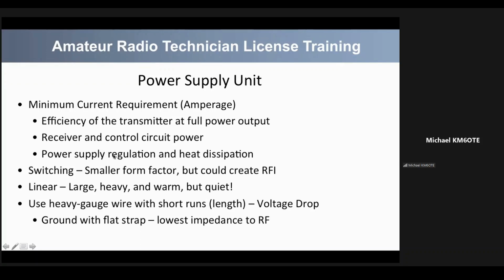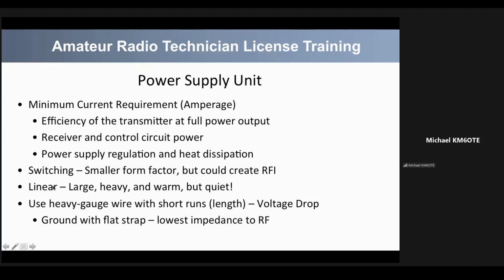So there are two kinds of power supplies. One is called a switching power supply, and the other is a linear power supply. A switching power supply is much smaller. They're usually less expensive, but they use a smaller transformer by switching the signal as a way of converting it from AC to DC, which has the advantage of being smaller and lighter and less heat, but could create radio frequency interference, RFI.